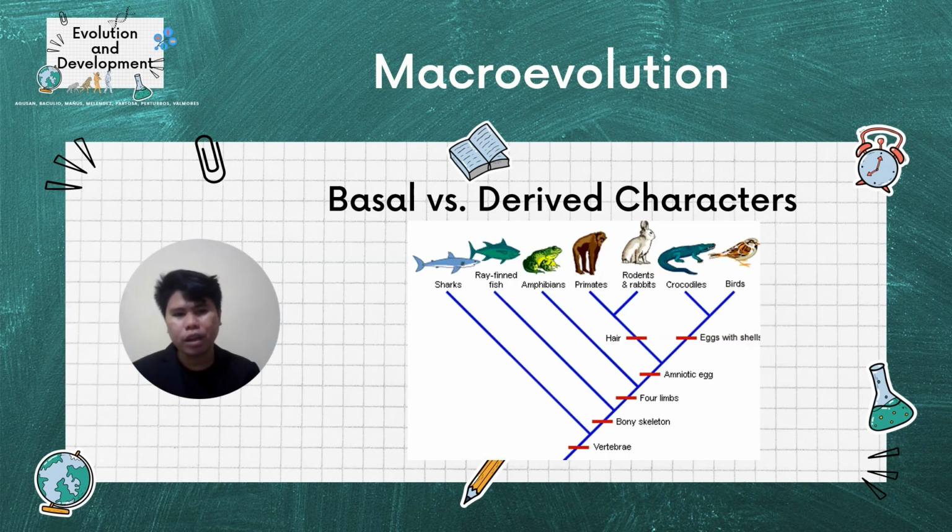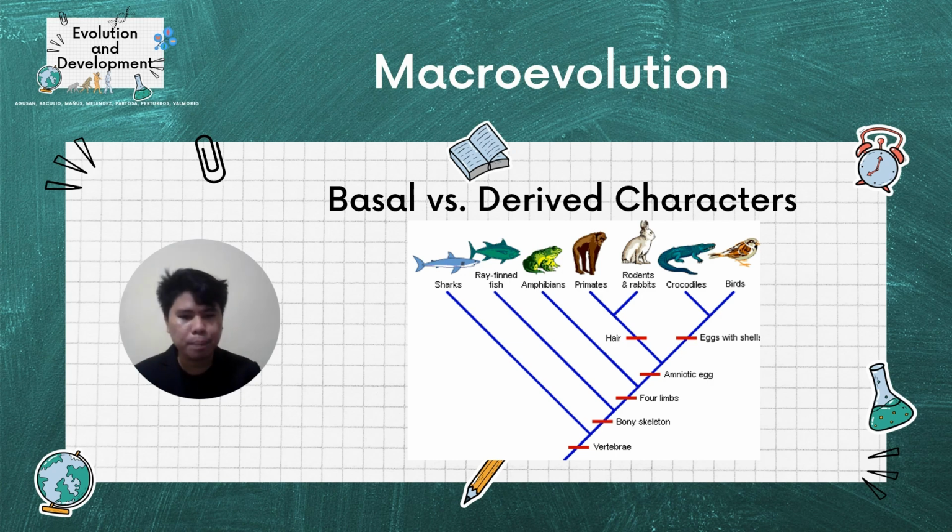So in biology, we often use the terms basal and derived to describe characteristics of the organism. And these terms are actually closely related to homology and analogy. As we all know, basal characteristics are those that are shared by a group of organisms that are considered to be primitive or ancestral. So these characteristics are often homologous, meaning they are similar due to their shared ancestry.